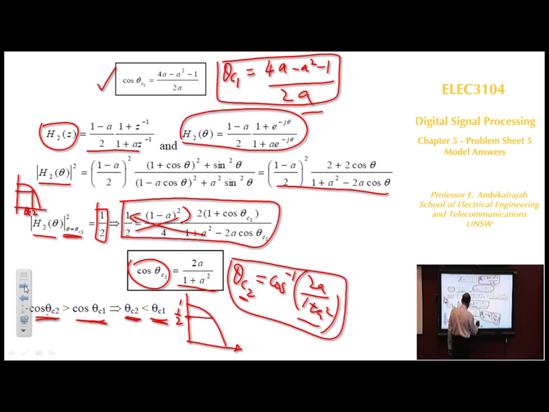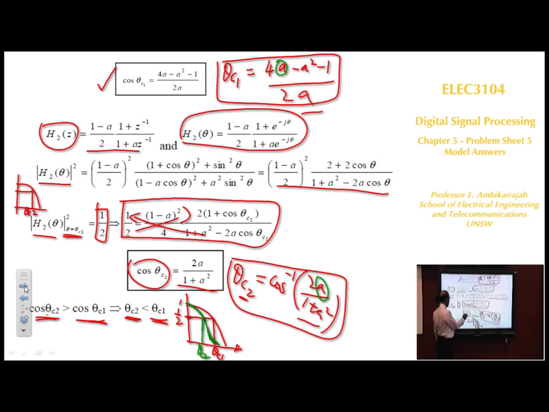One is that one, which is theta c1. And the second one is again a low pass filter, probably something like that, and at the same point, that would be theta c2. So the value of a determines, for the same value of a, that theta c1 is greater than theta c2.